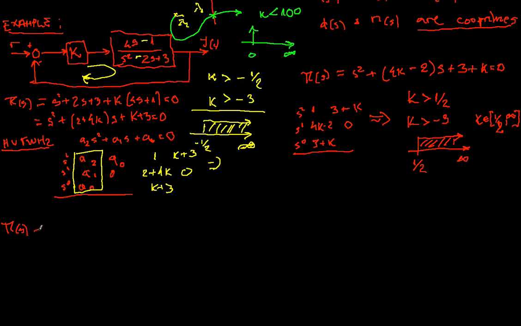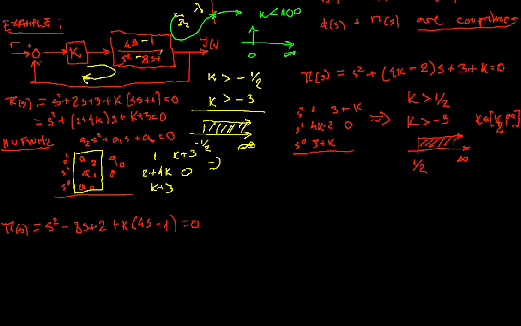P of S in this case is going to be s squared minus 8s plus 2 plus k times 4s minus 1, and I just need to change these to be 8s, and this has to be 2 now. So slightly different transfer function.